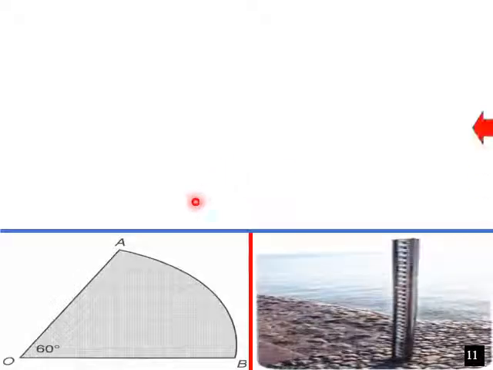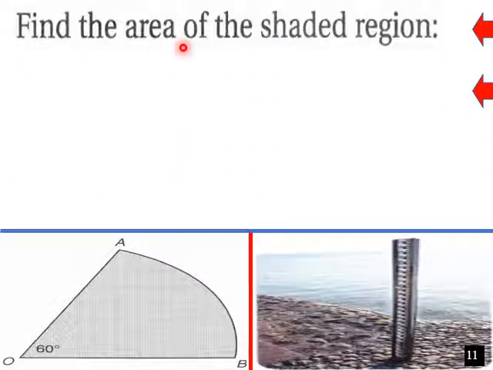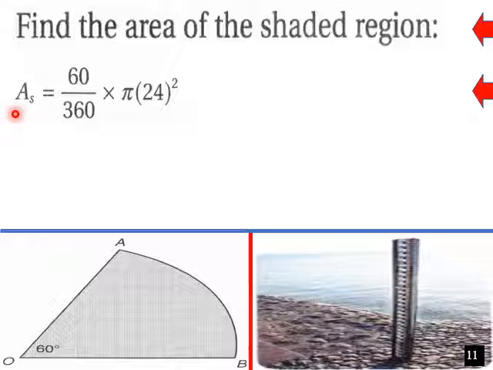Now that we know that, find the area of the shaded region. The area of the sector, A of S, equals 60 over 360 times pi times 24 squared, where 24 is our radius.